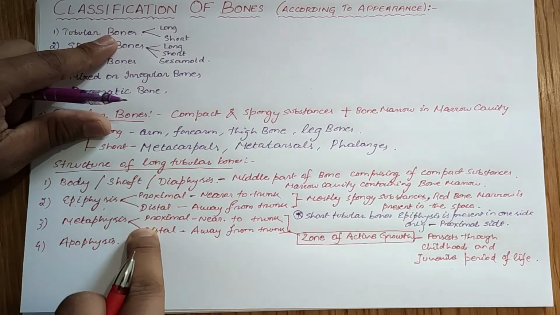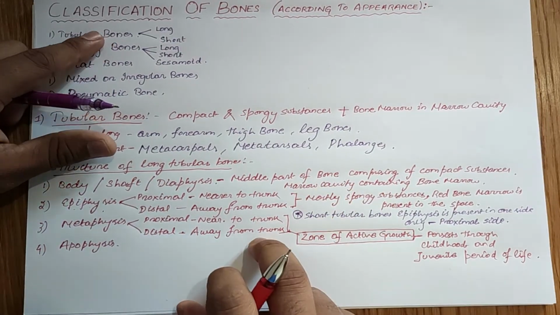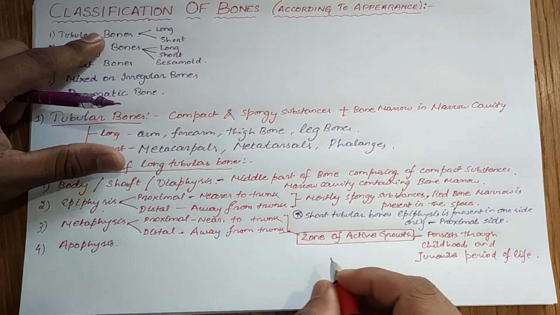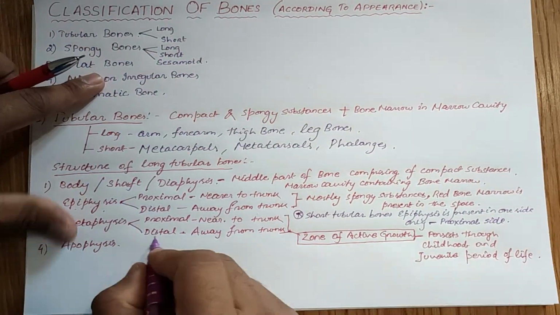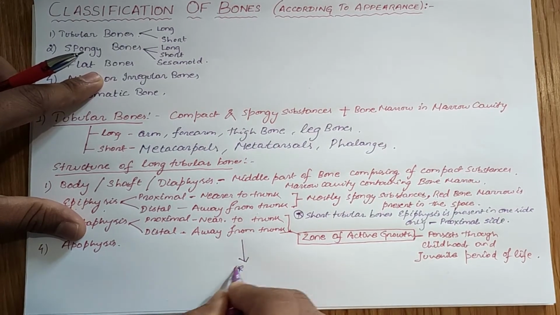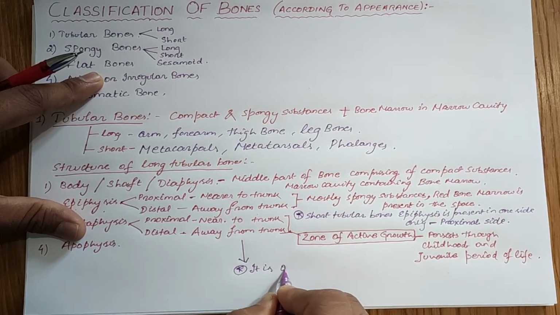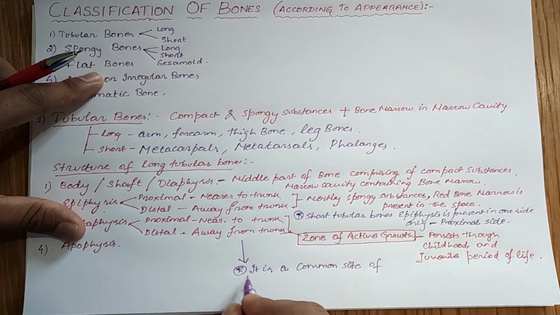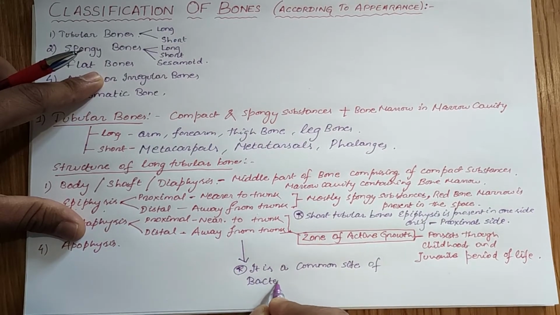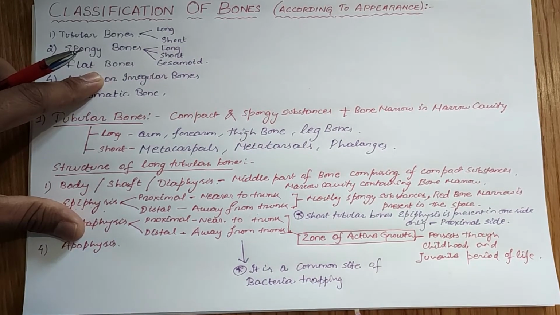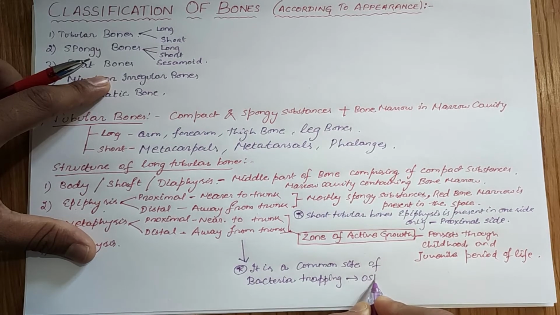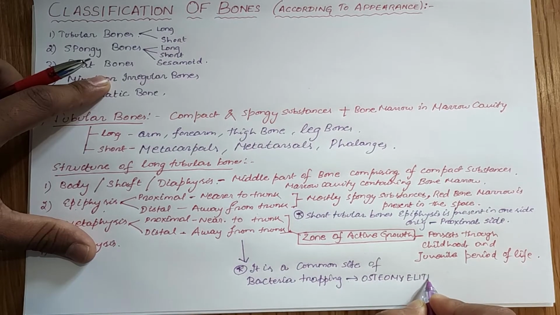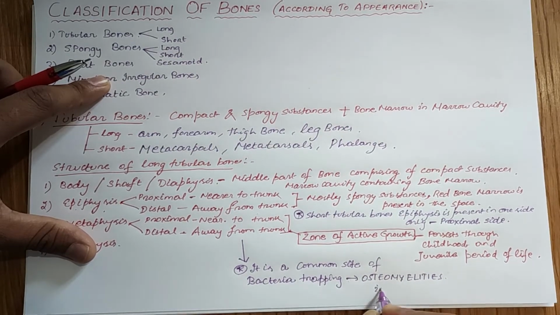I will be explaining all these things in the structure of tubular bone. Also important is that the metaphysis is a common site of bacterial trapping, which causes osteomyelitis in children.